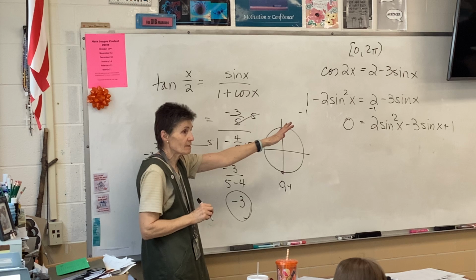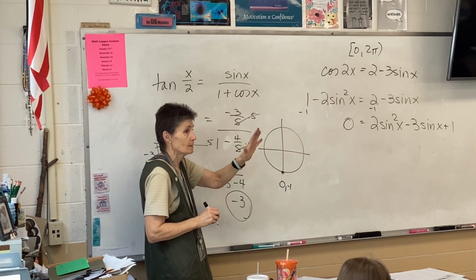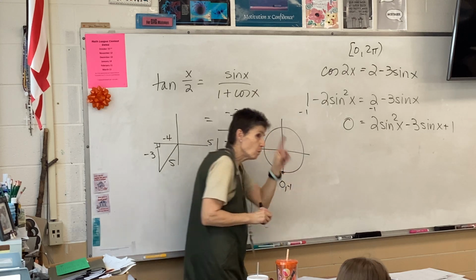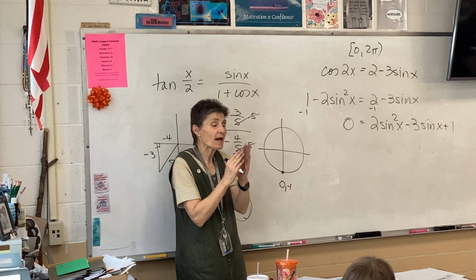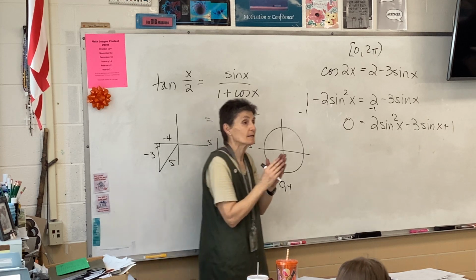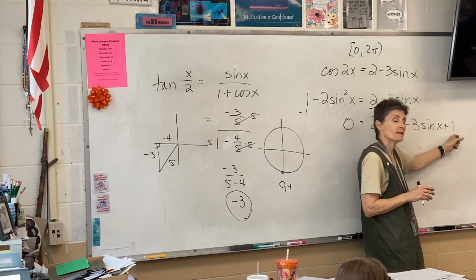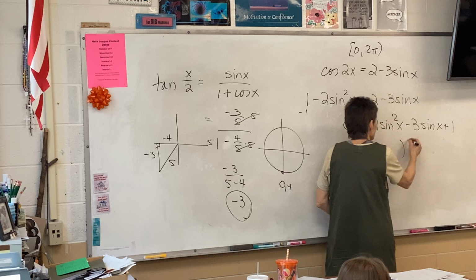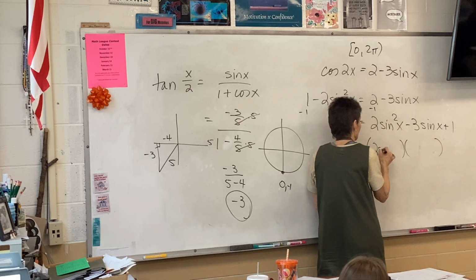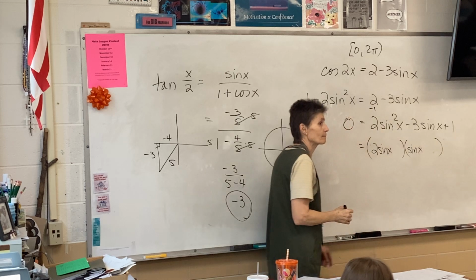We need to factor. You can move everything to the left if you wish, it makes no difference. Don't take out a sine. You can't take out a sine unless everything has a sine, and that one doesn't. So I have no choice but to factor. I'm going to have a 2 sine and a sine. 2 sine x minus 1, sine x minus 1.